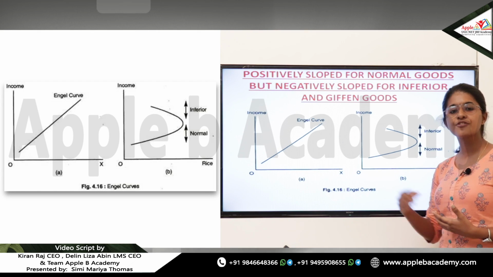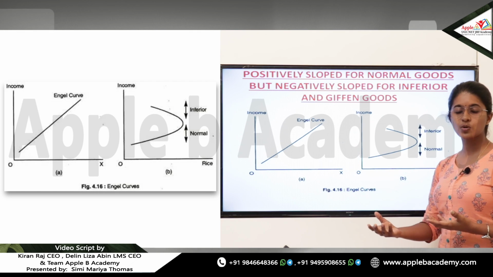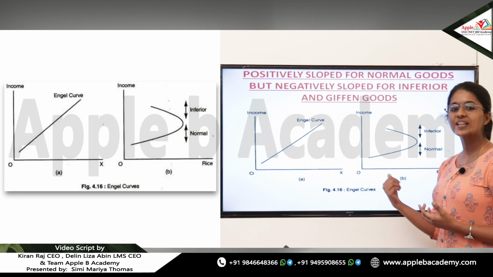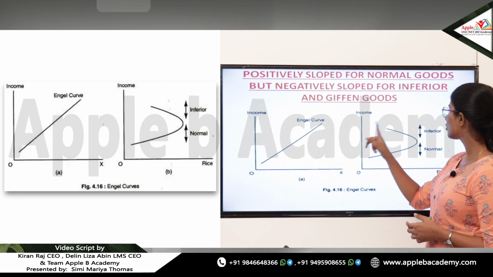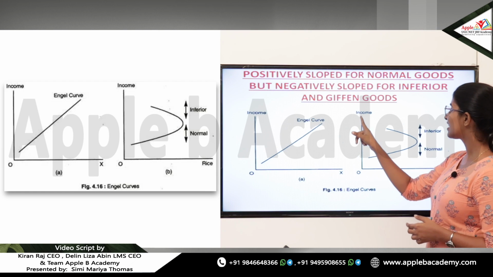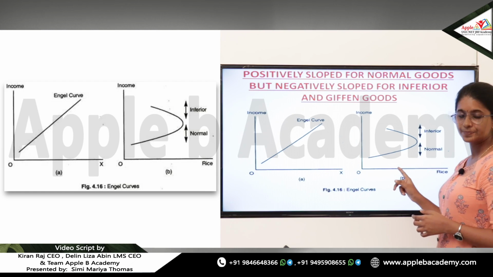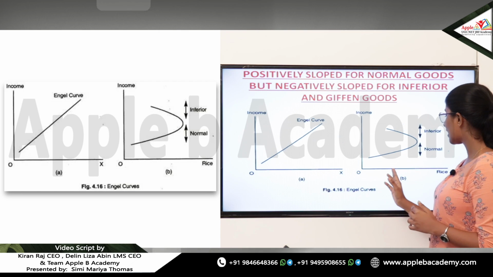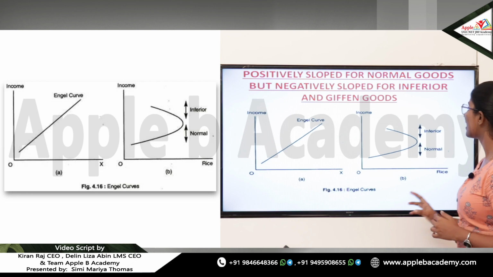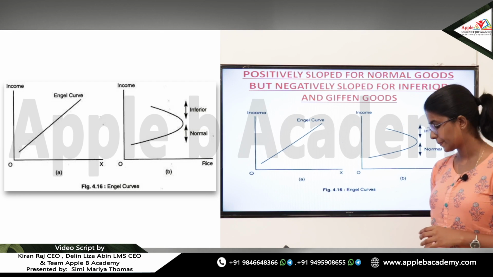The consumer is able to find a substitute good, a better quality product. So at that time the consumption of rice will decrease. When a good is becoming inferior and income increases, the consumer will substitute rice with another good, and the consumption of rice will fall. Because of that reason, an inferior good has a negatively sloped Engel curve.